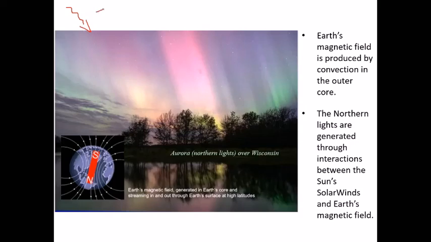Very nasty kinds of rays come from the sun, but they are deflected or shielded by the magnetic field. So when those nasty solar winds and gamma rays strike the magnetic field, it actually generates these beautiful northern lights.